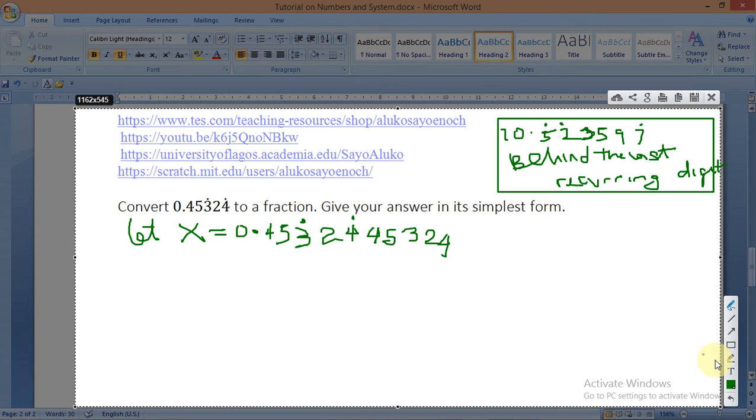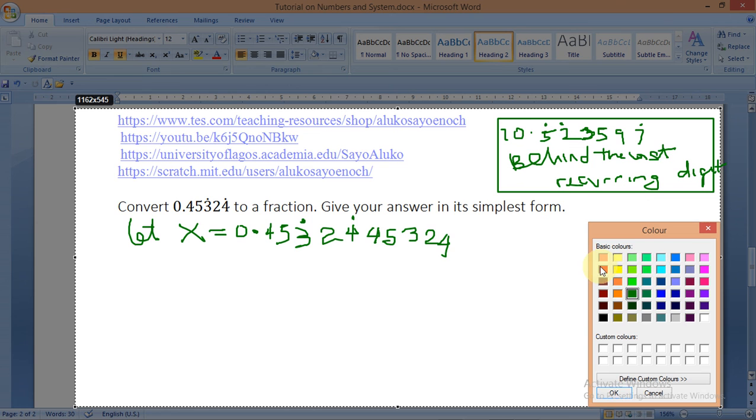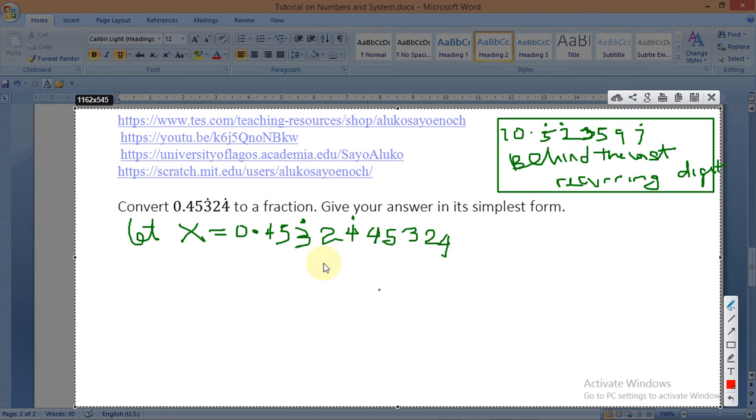Let me change the color in order to establish that fact. This dot should jump from here and come behind the last recurring digit here. And how many digits do you have in between? 1, 2, 3, 4, 5. So that is times 1 with 5 zeros, that is 100,000.